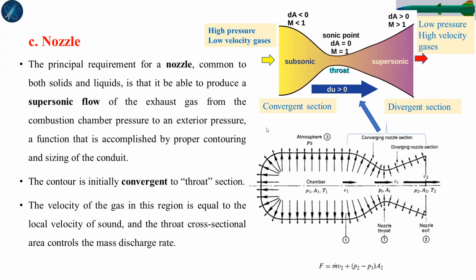The velocity of the gas in the throat region is equal to the local velocity of sound, and the throat cross-sectional area controls the mass discharge rate. The mass flow rate, m dot, is controlled at the throat. So this is the constructional feature of the nozzle.